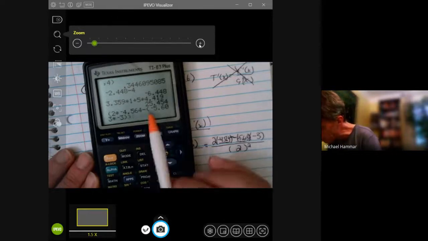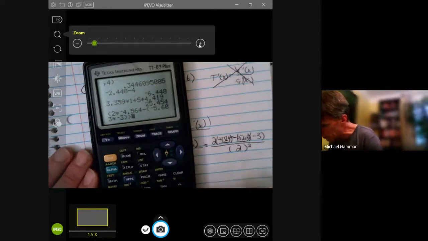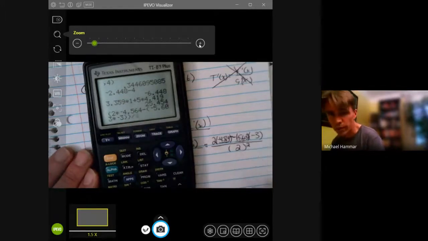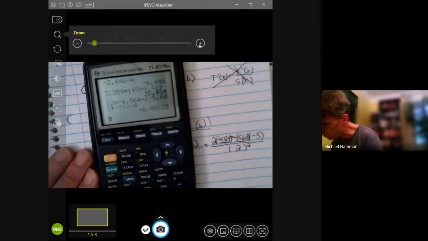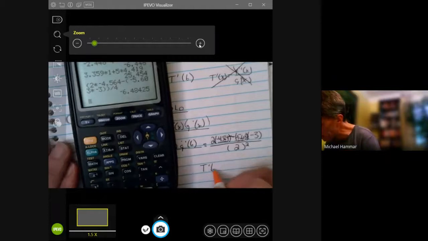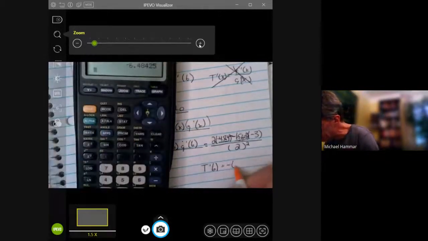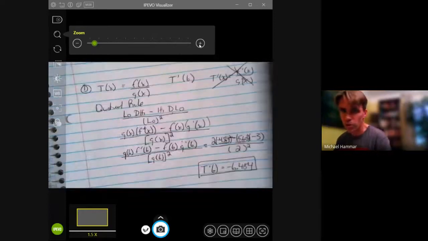And then I need to make sure I close the parentheses. So make sure I have the parenthesis here and here, so I closed it right there. And then I have to divide it by 2 squared, which is 4. So what I get is t prime of 6 equals negative 6.484.